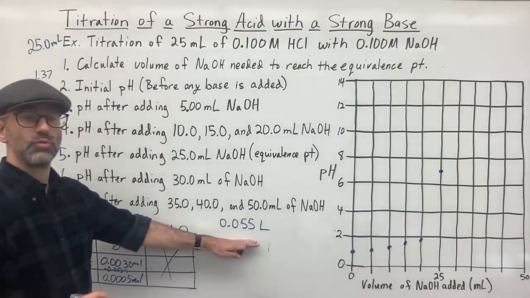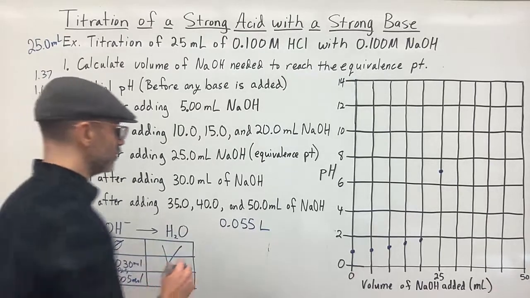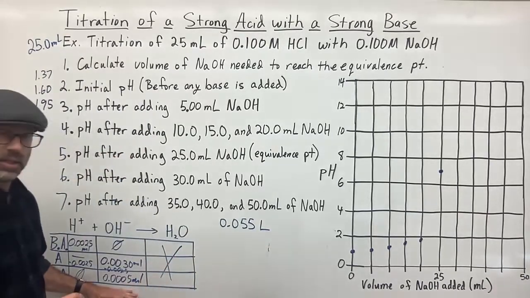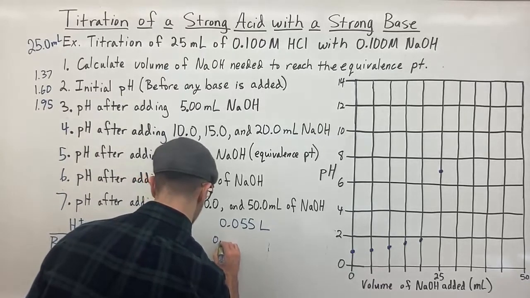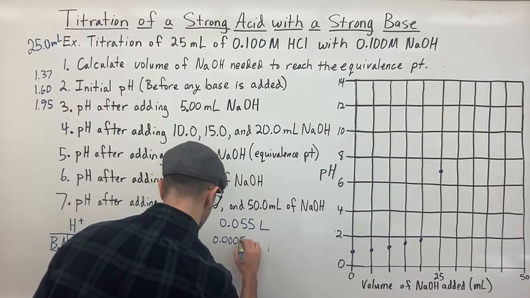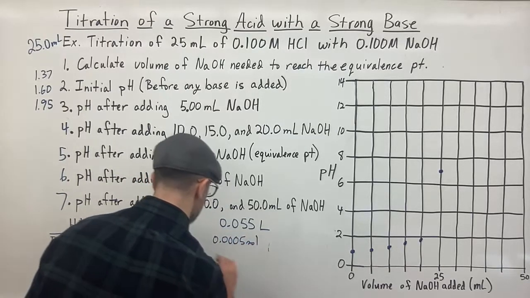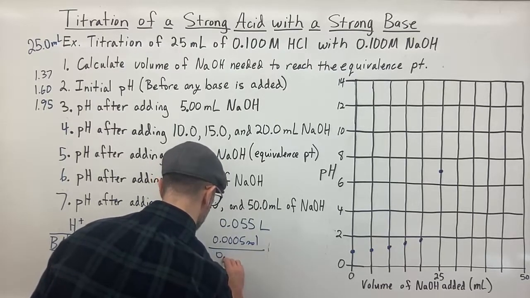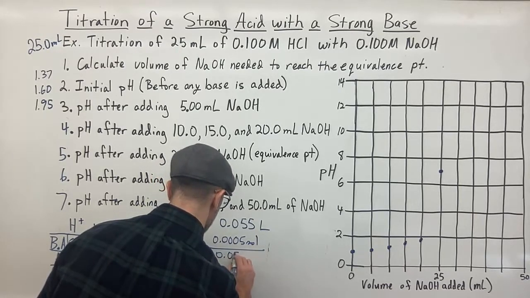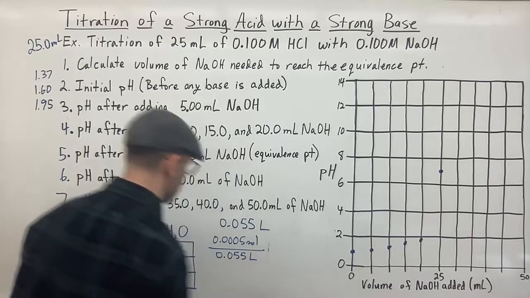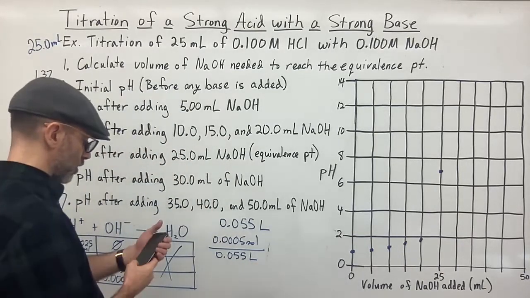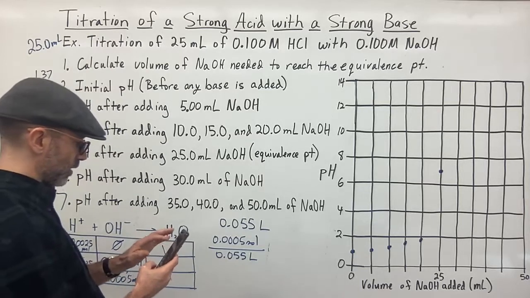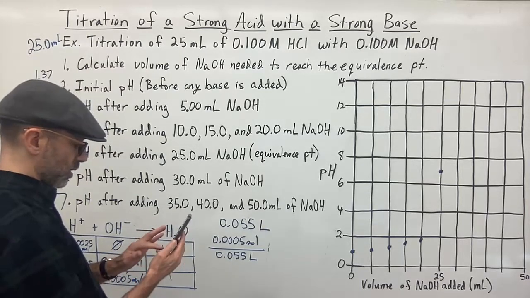So that's the new volume. To calculate the concentration, we take the moles and divide by the volume: 0.0005 moles divided by 0.055 liters.